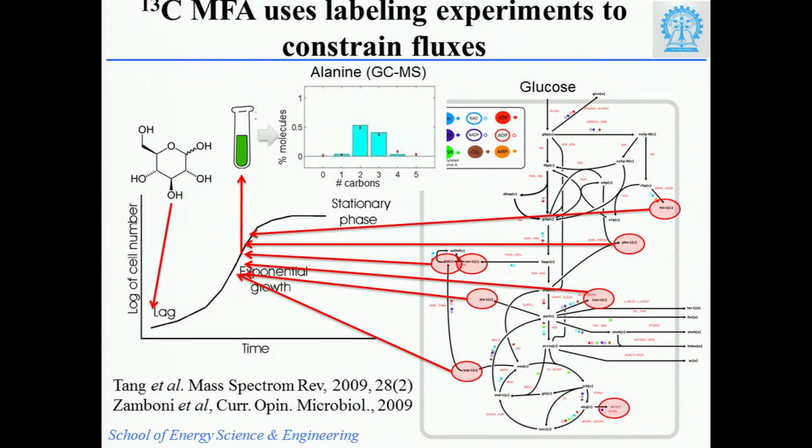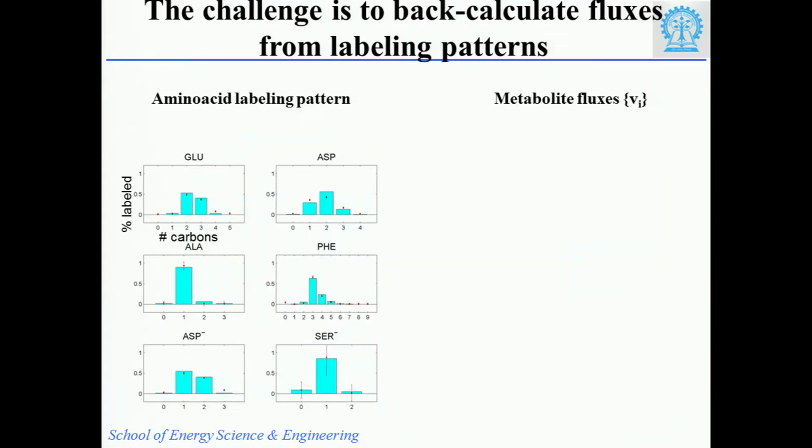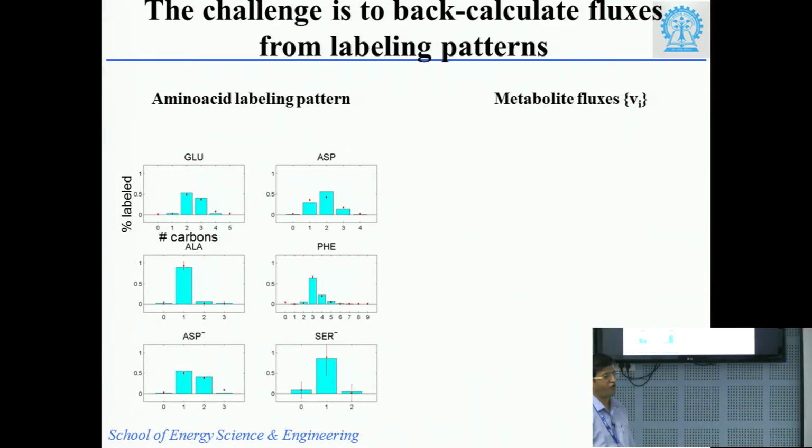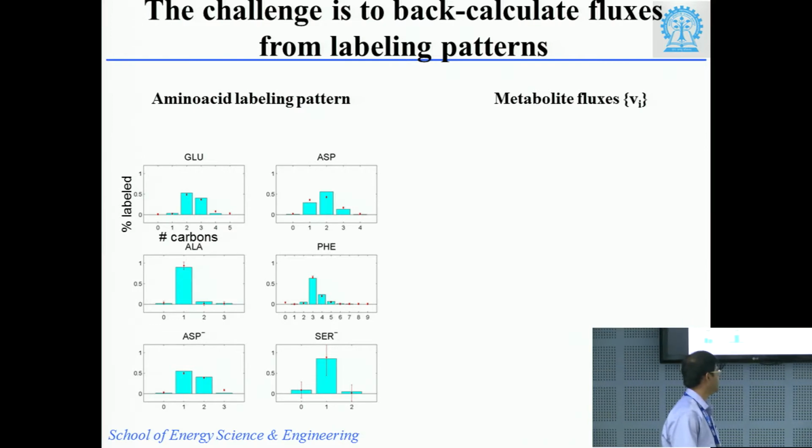Up to here everything is clear to you. So, this is the amino acid labeling pattern, and you can get it for all 20 amino acids: glutamate, aspartic acid, alanine, phenylalanine, serine, and so on. You can get the labeling for all the 20 amino acids.